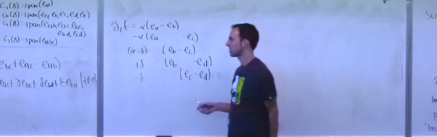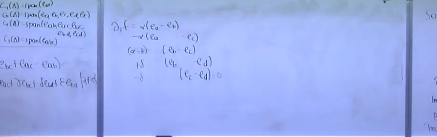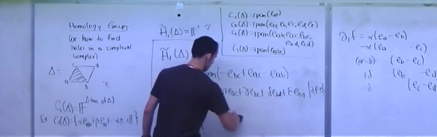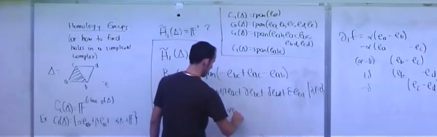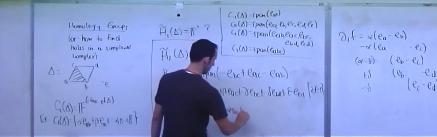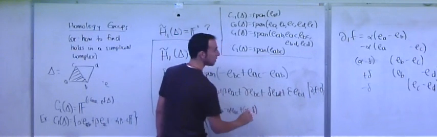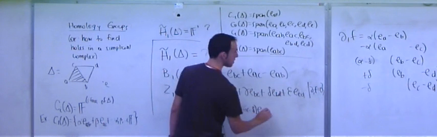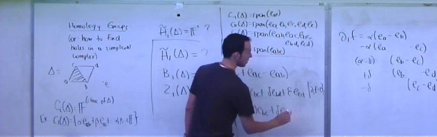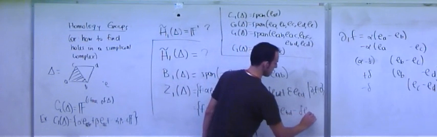So what that means is that these are the things of the form alpha EAB minus alpha EAC plus alpha minus delta EBC plus delta EBD minus delta ECD.